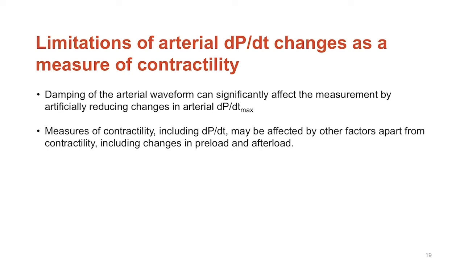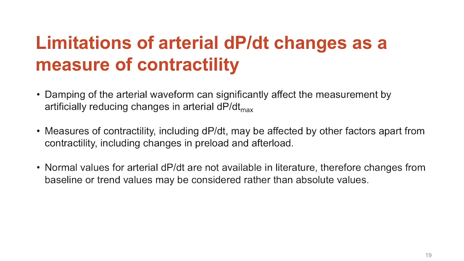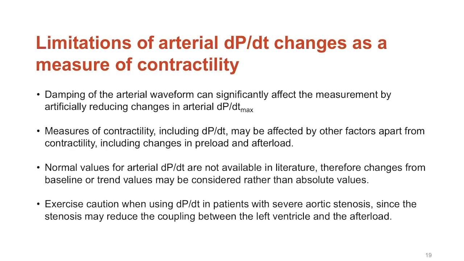As mentioned before, normal values for this parameter are not available in the literature, and therefore changes from baseline or trend values should be considered rather than absolute values. We should also exercise caution using this parameter in patients with severe aortic stenosis, since this may reduce the coupling between left ventricle and the afterload.